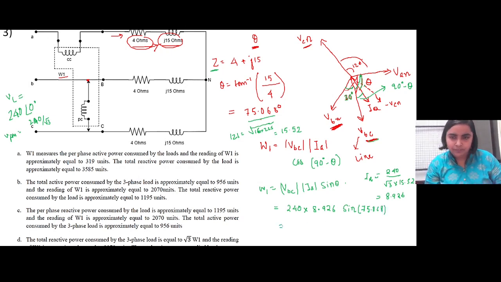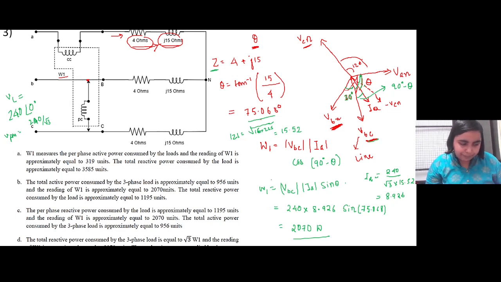So 240 into 8.926 into sine of 75.068 gives around 2070 watts, or 2.07 kilowatts, right? This is what W1 is measuring.